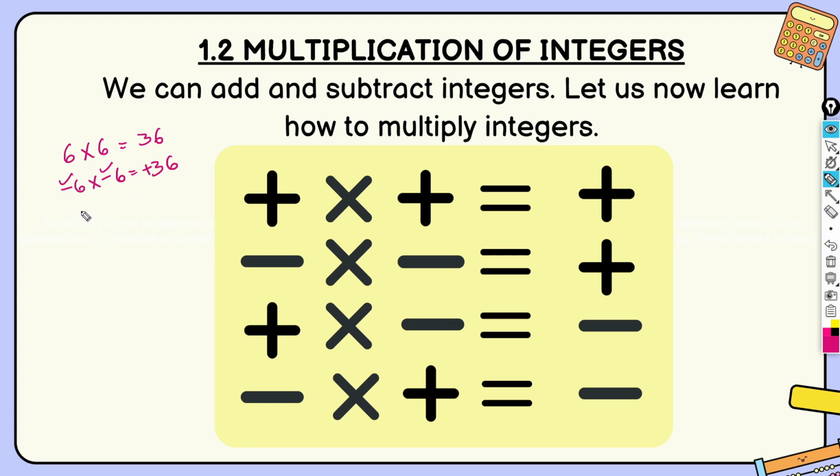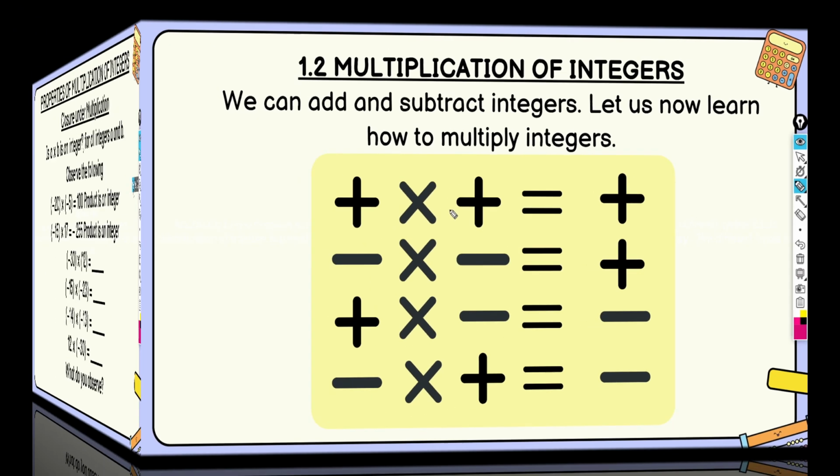If we multiply plus 6 with minus 6, the result will be minus 36. 6 into 6 is 36, plus into minus is minus. If we multiply minus 6 with plus 6, the result will be minus 36, because 6 into 6 is 36 and minus into plus is minus. This way, we should remember what sign we put when we multiply different integers.